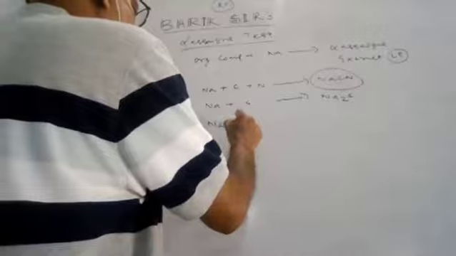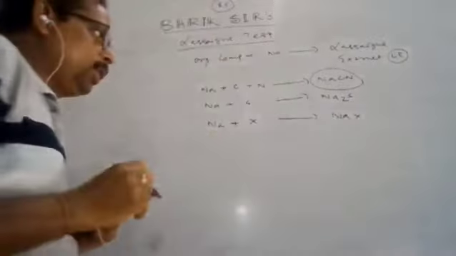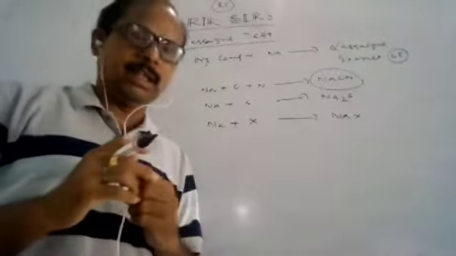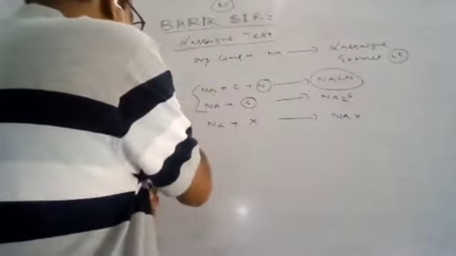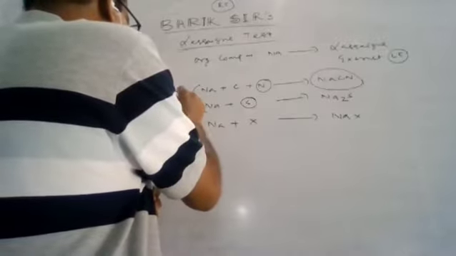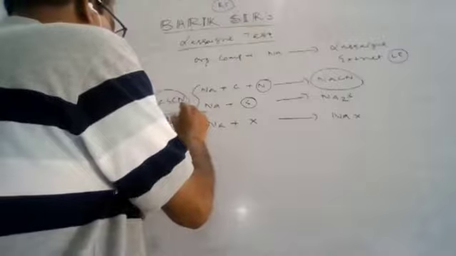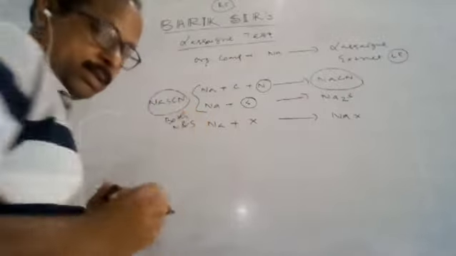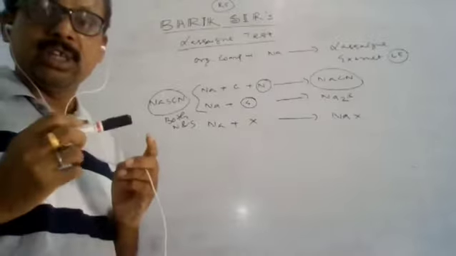If halogen is present, it is converted to sodium halide. These are in the Lassaigne extract. But if both nitrogen and sulfur are present, it is converted to sodium thiocyanate.